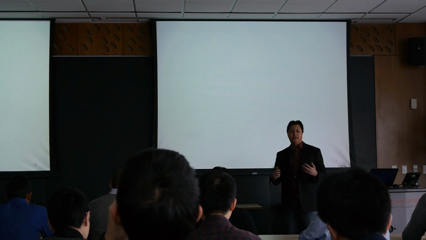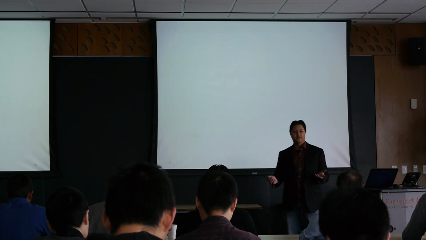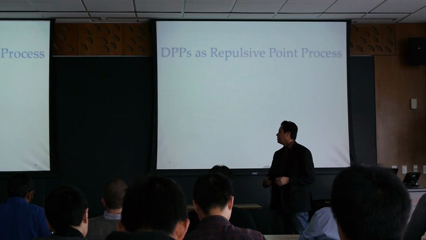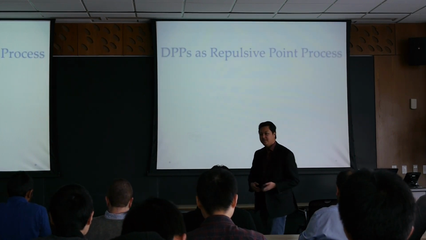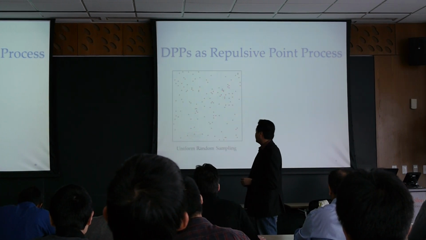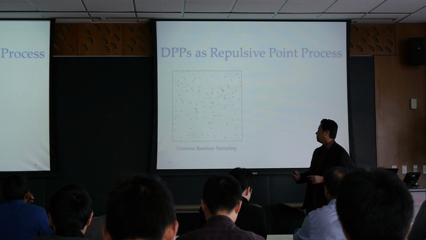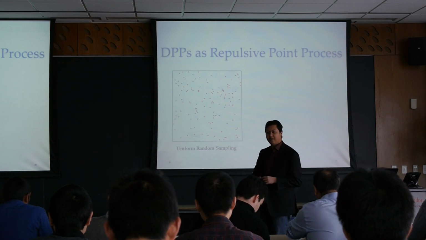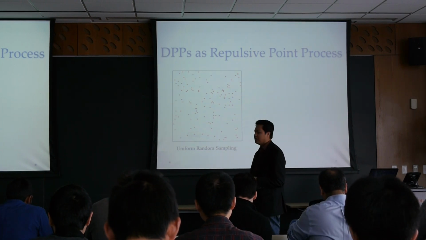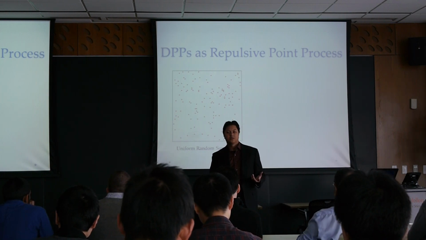But there are a few key themes that I want to highlight for point processes in general. So let's start with the history of DPPs. In the 1970s, basically a bunch of people in physics and mathematics were interested in modeling atoms.